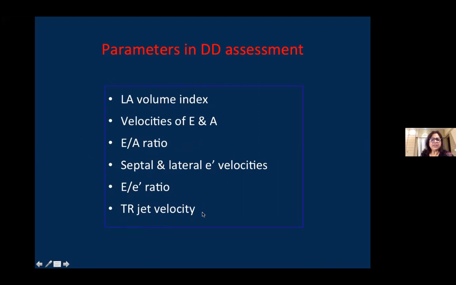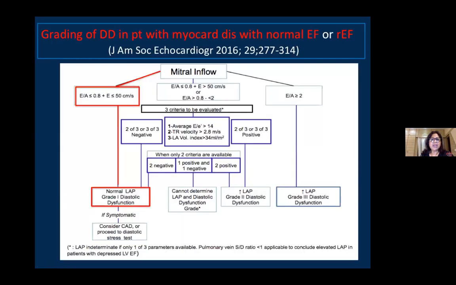Now, utilizing these parameters, let us see how the American Society of Echocardiography has helped us to grade the diastolic dysfunction in patients with myocardial disease. Here is a flow chart. Though this looks very clumsy, I will help you to go through it.